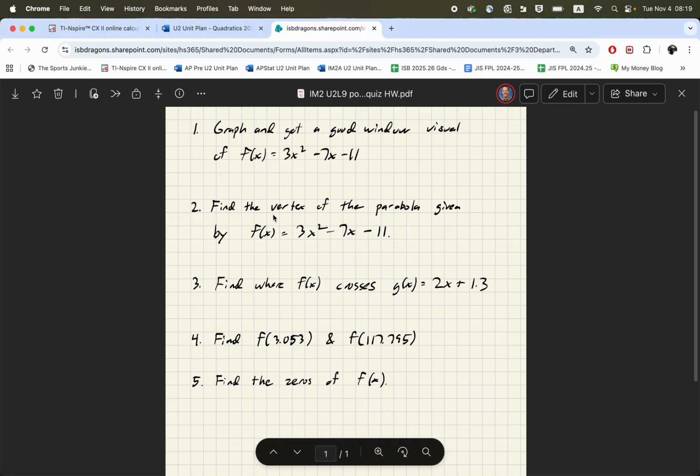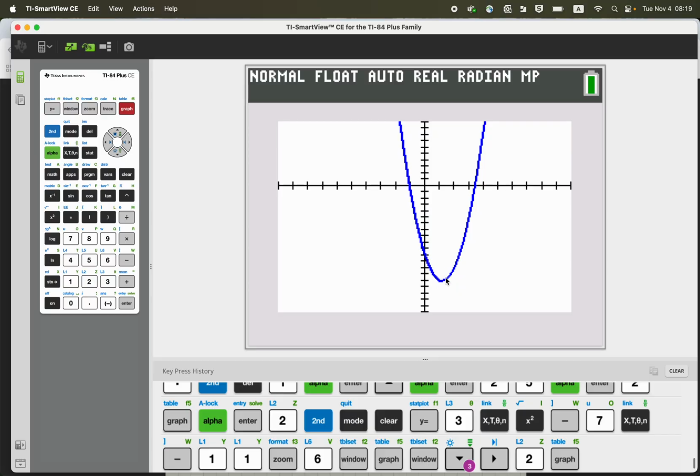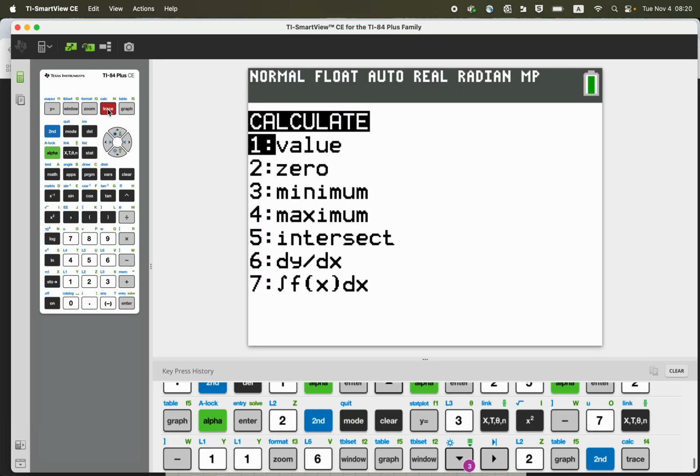Next, find the vertex of the parabola. It's the same parabola, and we can see the vertex now. Basically we want to calculate something about the graph, so I'm going to go to second trace, which is calculate. In this case, the vertex is a minimum, so I'm going to push option 3.